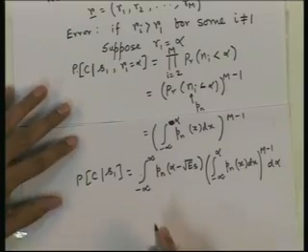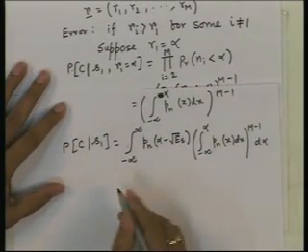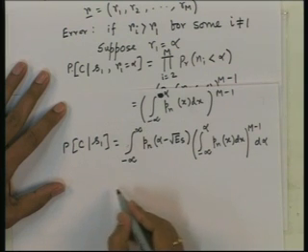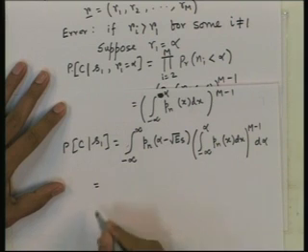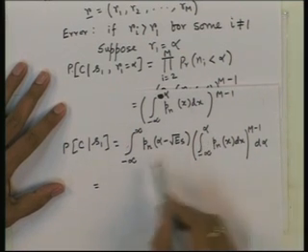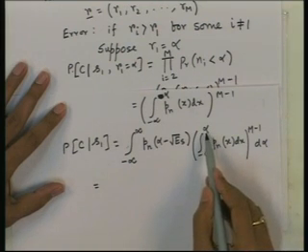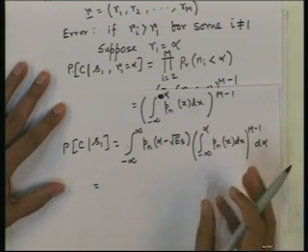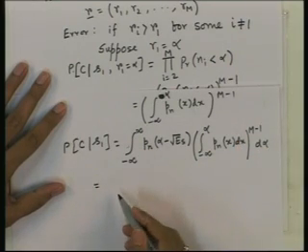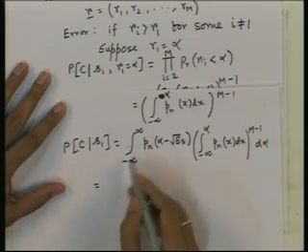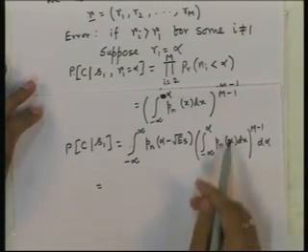This can now be written in two parts, two cases: for alpha from minus infinity to 0 and for alpha from 0 to infinity, because if alpha is positive, this value is defined through the Q function, 1 minus Q function.